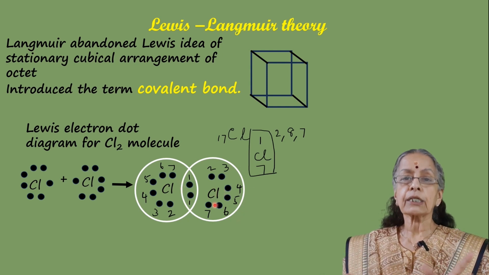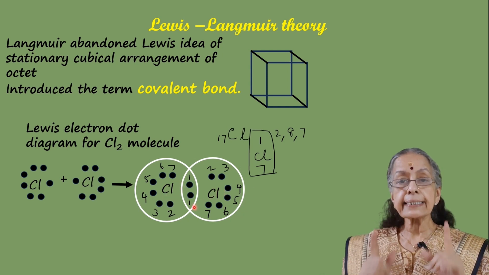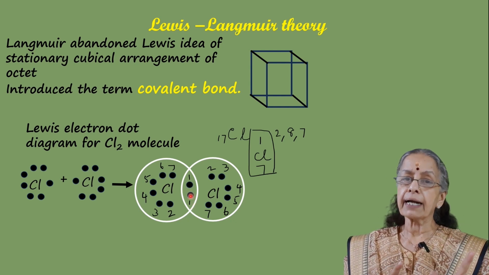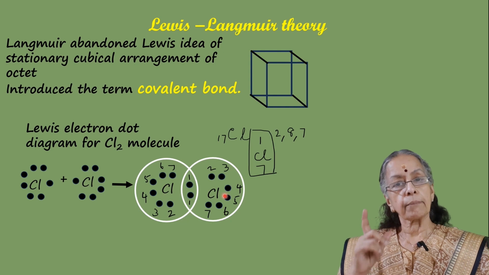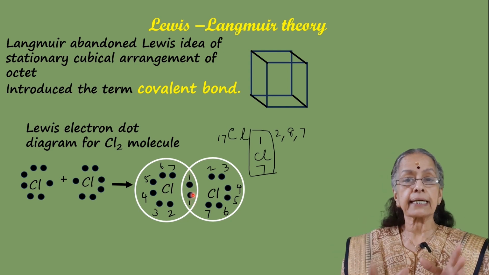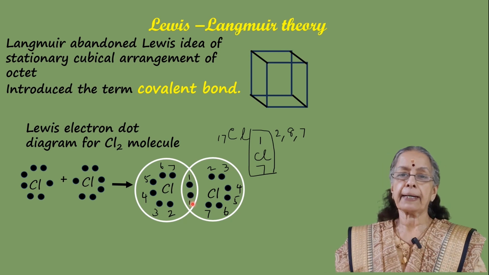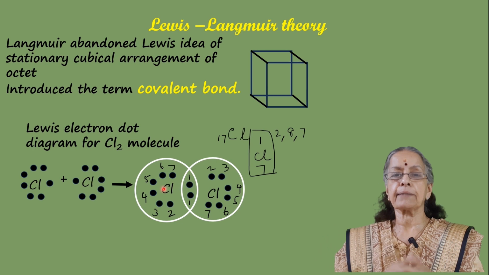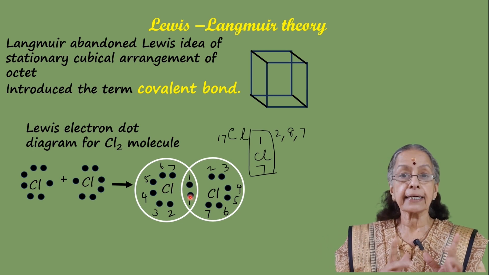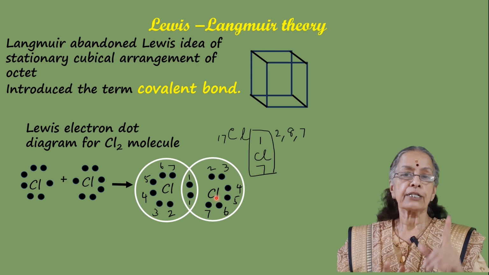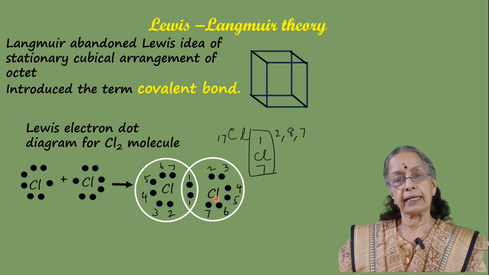Now, each chlorine atom has 8 electrons in its outermost shell. Chlorine number 1 has 8 electrons. Chlorine number 2 also has 8 electrons. The octet is completed. After sharing one pair of electrons, the atom on the left hand side as well as the atom on the right hand side has 8 electrons each. These 8 electrons are achieved by sharing one pair of electrons.